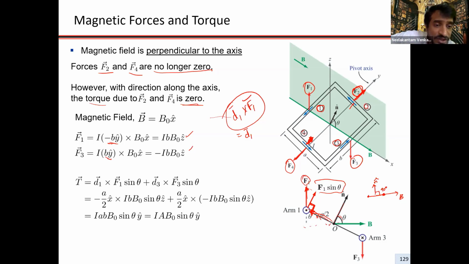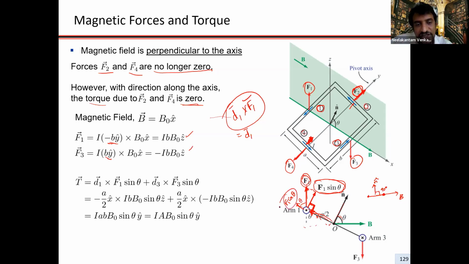F2 and F4 have nothing to do with rotation. F1 and F3 will still cause rotation. But it is not F1 itself, but a component of F1 that is going to cause rotation. If I decompose F1, I can decompose it into perpendicular as well as parallel components. I can have this one, which is F1 cosine theta, because this angle is theta.